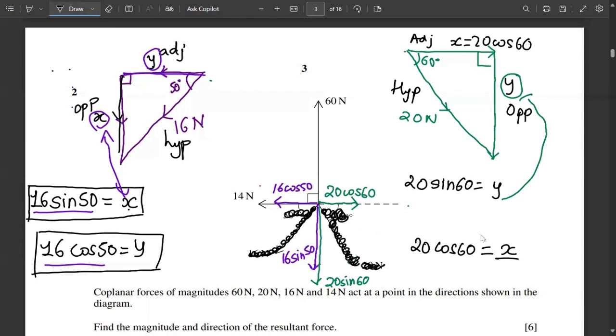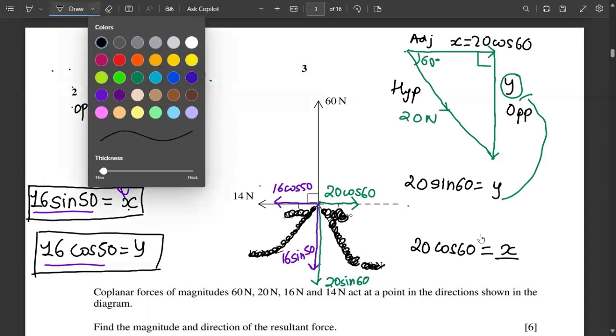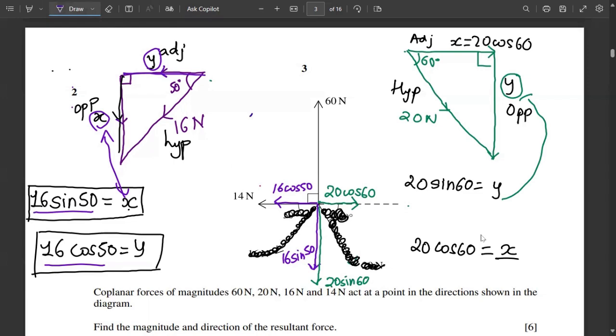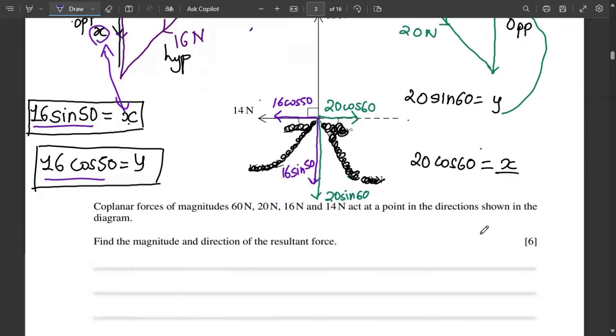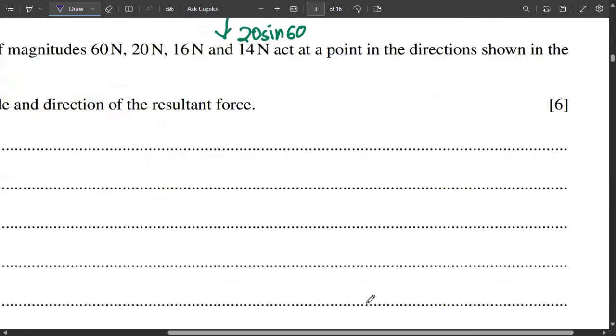Now we have all the forces. The only thing remaining is to separate the resultant horizontal and vertical forces. Now how will we do that? In order to do that, let me reduce my screen a little bit.